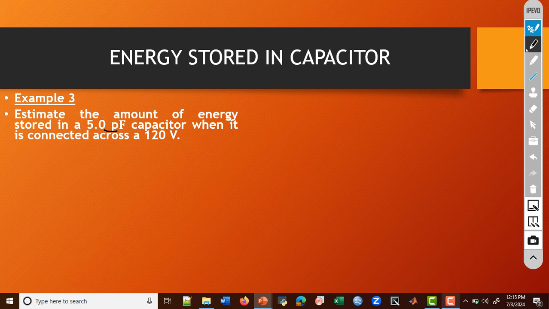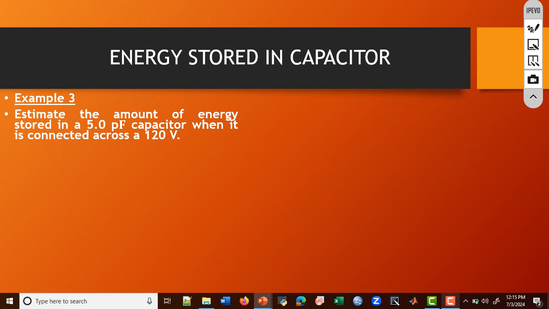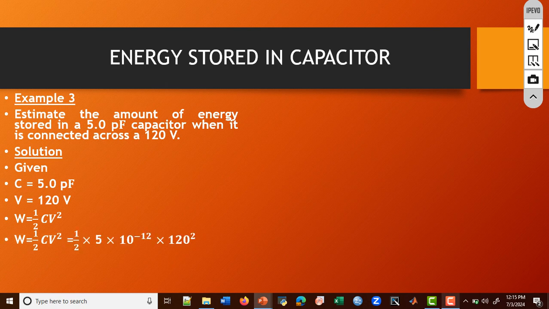Of course, pico is times 10 to the power minus 12. Don't forget that. Capacitance is given. Potential difference is given. We pick the expression, simplify it, and we get our solution.